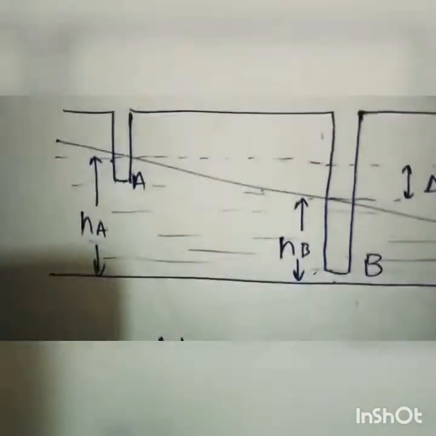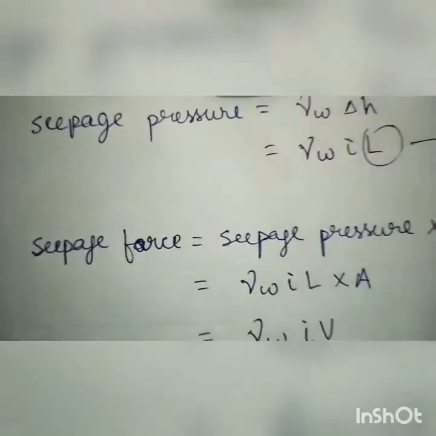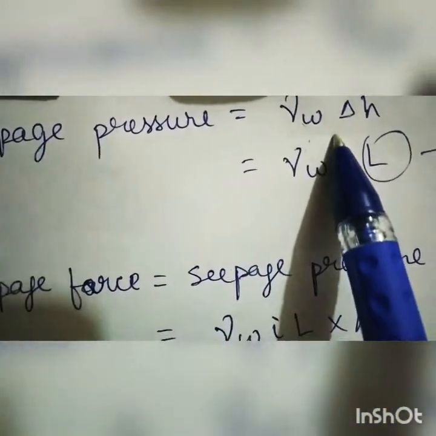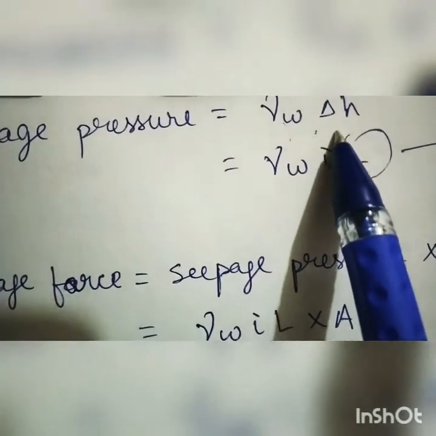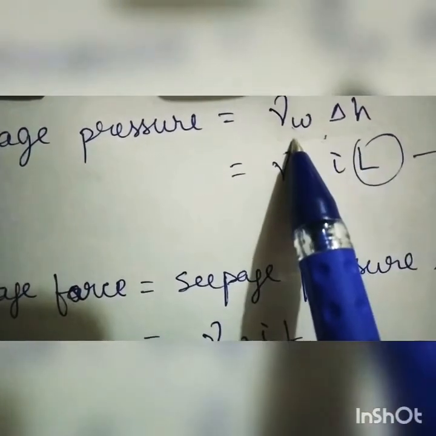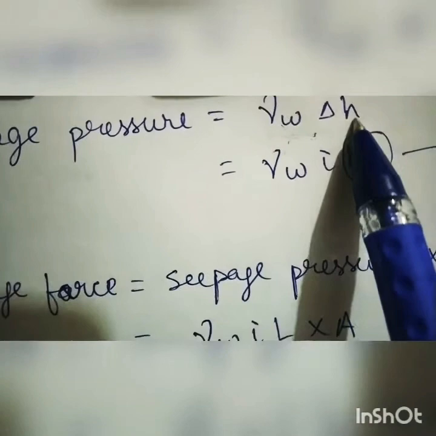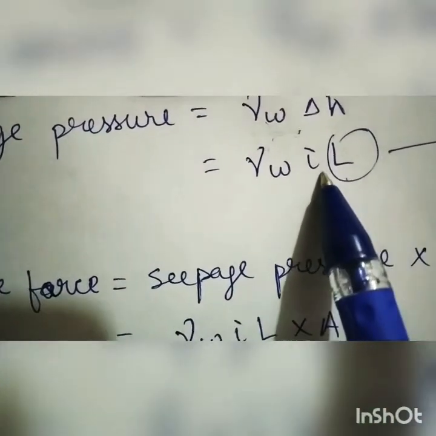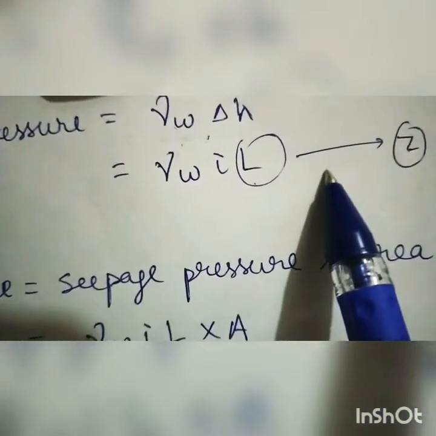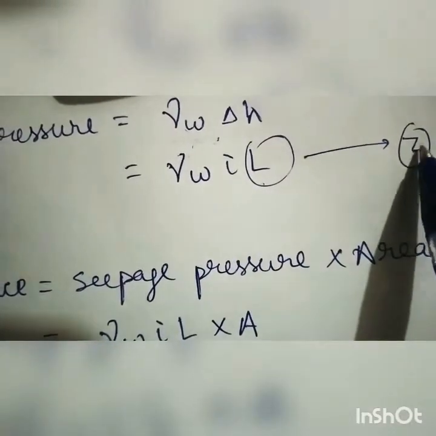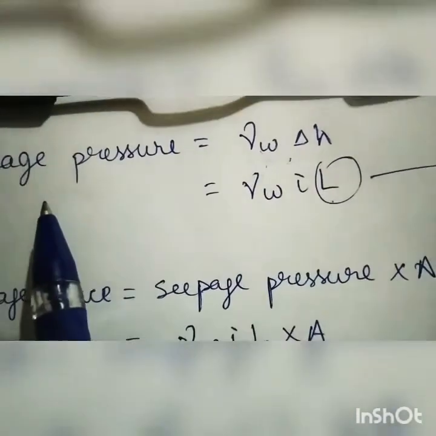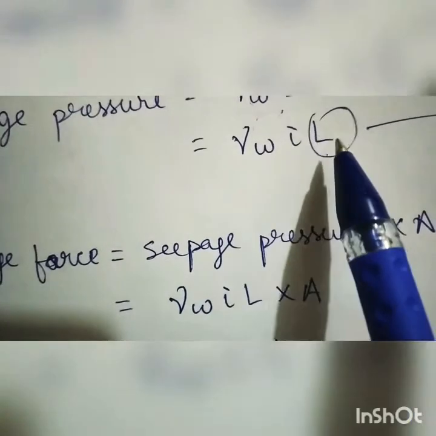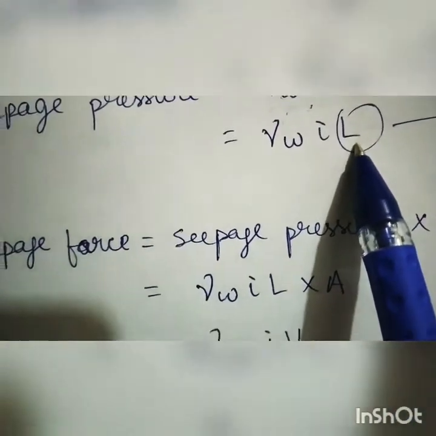So moving forward, we can write seepage pressure as gamma of water into delta H that we already derived, and here we can replace delta H by iL, and in some books you can see L as z. So at last seepage pressure becomes gamma W into i into L.